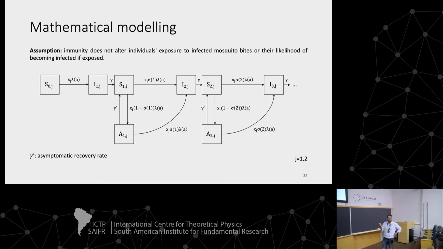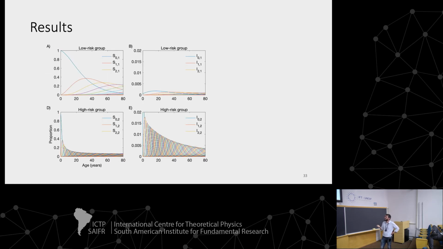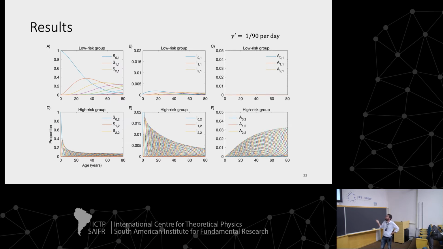But here we have one big issue. We don't know for how long an asymptomatic person stays in that condition. Let's try to deal with it. So here, just look at our model, and if we assume for now that a person stays asymptomatic for 90 days, we have this, and this is really interesting.